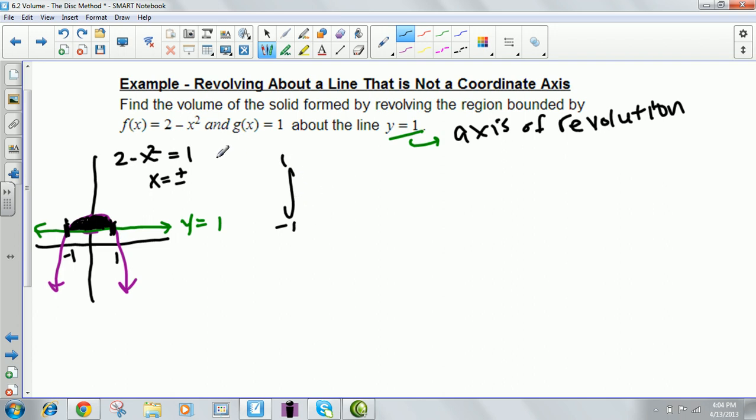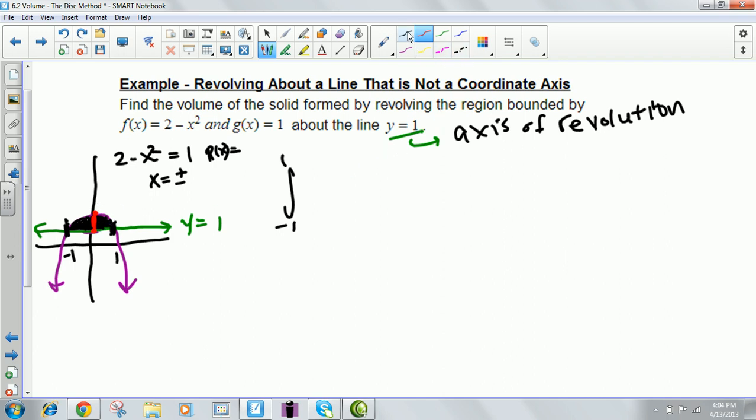And then your radius. Okay, now your radius, in order to figure out, like if I were to draw one rectangle, so this red line's a rectangle. The radius is defined by the height minus the lower, so it's the upper minus the lower.